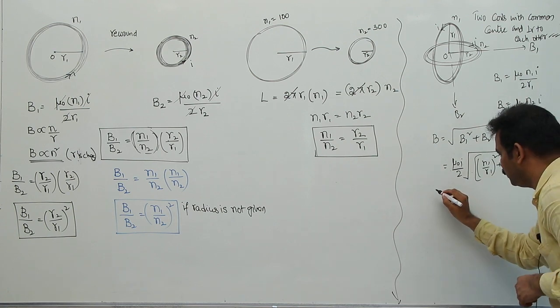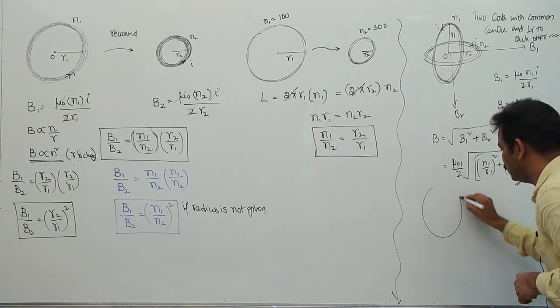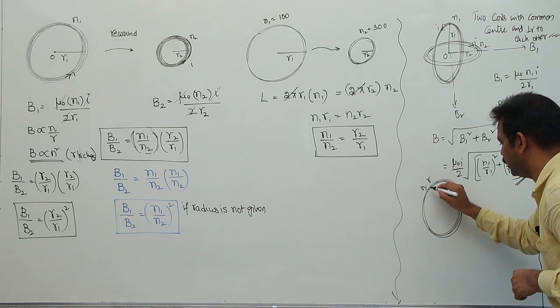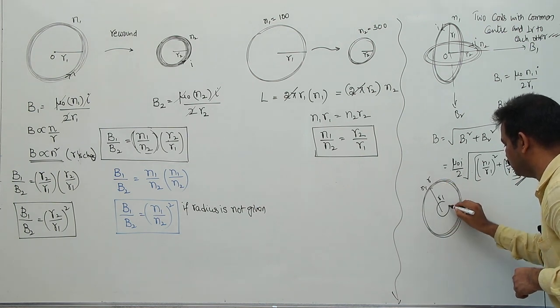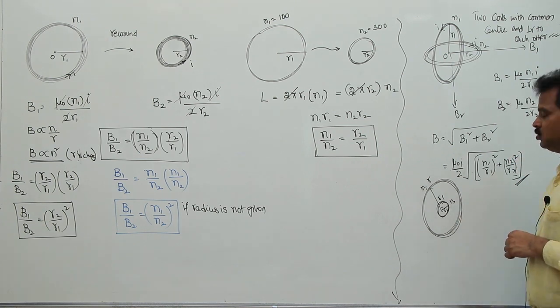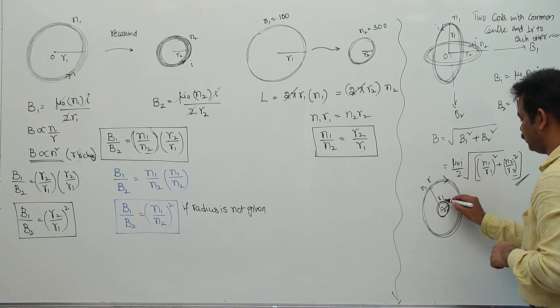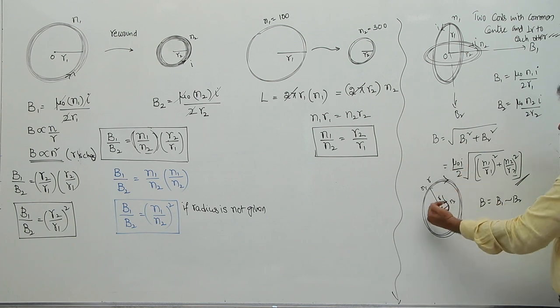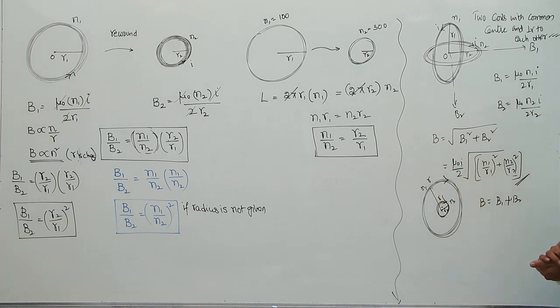Similarly, if you take one more problem here, this is a coil with number of turns N1 with radius R1. This is another coil with number of turns N2 radius R2. So if the current is flowing in the same direction, the net magnetic field at the common center is given by B1 plus B2, as the current is flowing in the same direction, you can add these two.